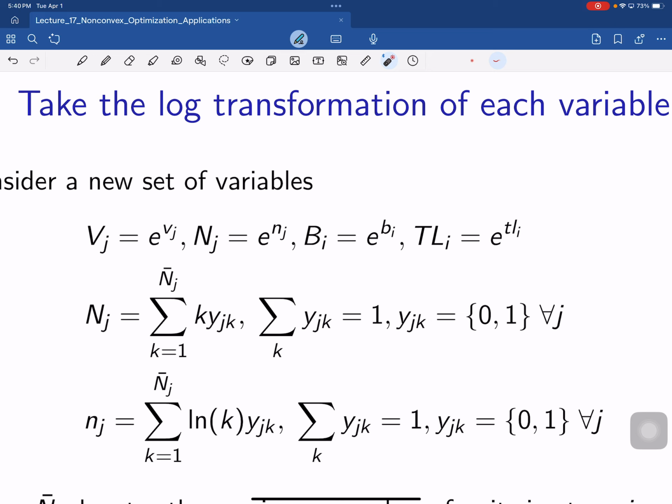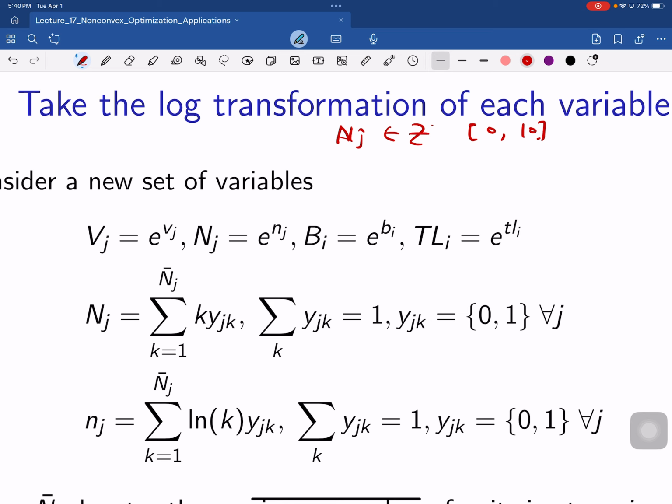Here we define some binary variable to say if yjk equals 1, that means the number of units at stage j equals k. Right? So basically, let's say if you have an integer variable nj between 0 and 10, right?